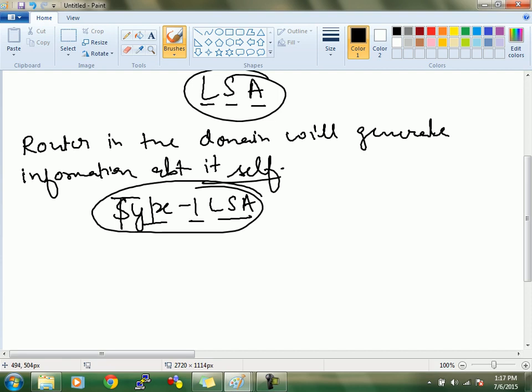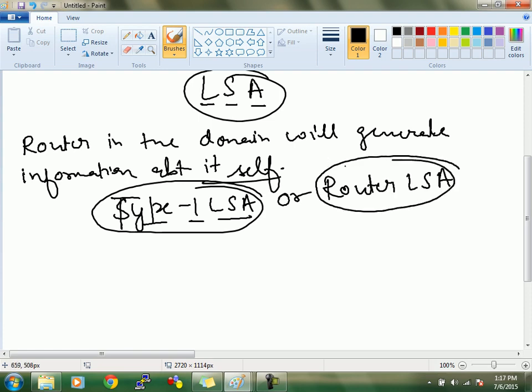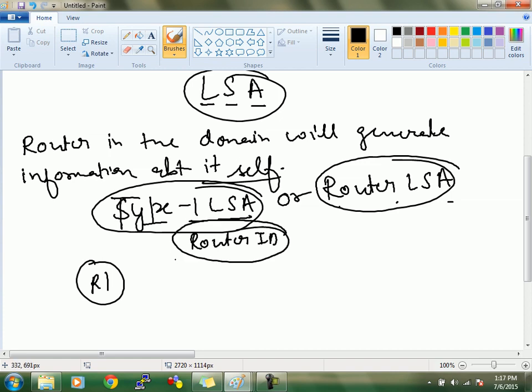Type 1 LSA, or you can call it router LSA, router link state advertisement. Guys, if I say this is R1, how this router will represent its LSA? With the help of router ID. So its router ID is let's say 1.1.1.1. So its type 1 LSA is represented by 1.1.1.1.